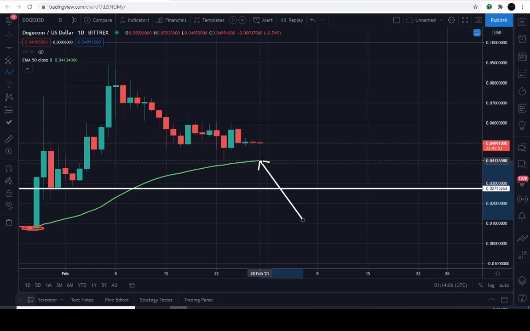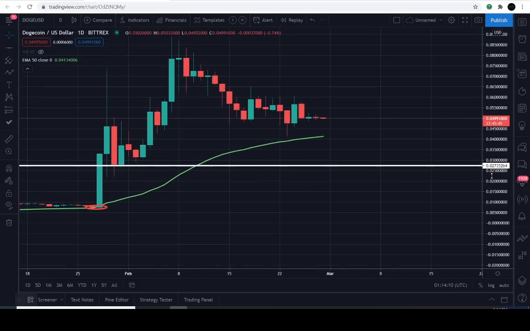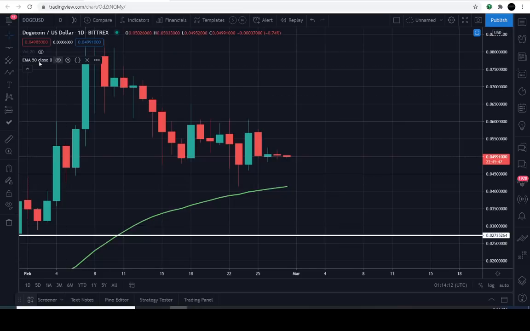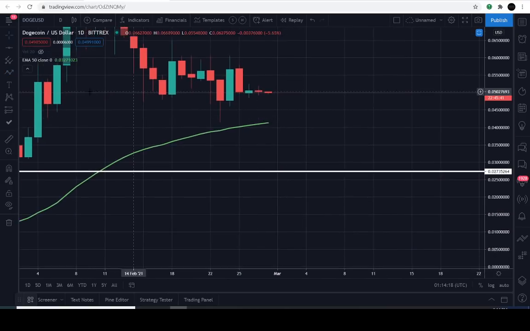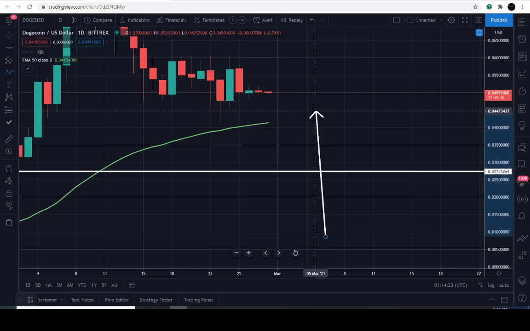So again, let's give the price, like I said, 72 hours. Let's see if we can get some sideways consolidation from Dogecoin. This would build up enough strength and allow this moving average to continue to move up with the price. And I think at that point, we'll have to revisit the chart to see if there will be some explosions to the upside out of Dogecoin.